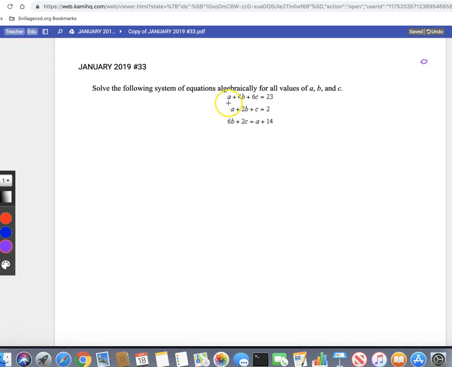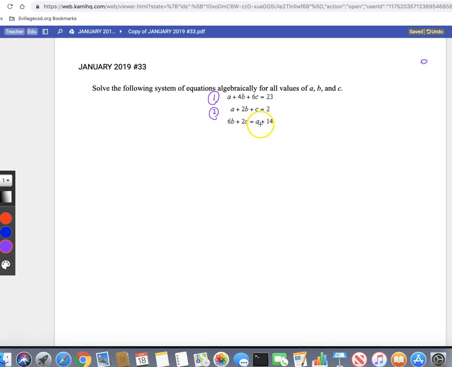The one thing to note here is that we typically will identify each equation as 1, 2, and 3. But in the third equation, you'll notice that the variable a is actually on the right side of the equation with the b and c variables on the left side. And that's not typical.